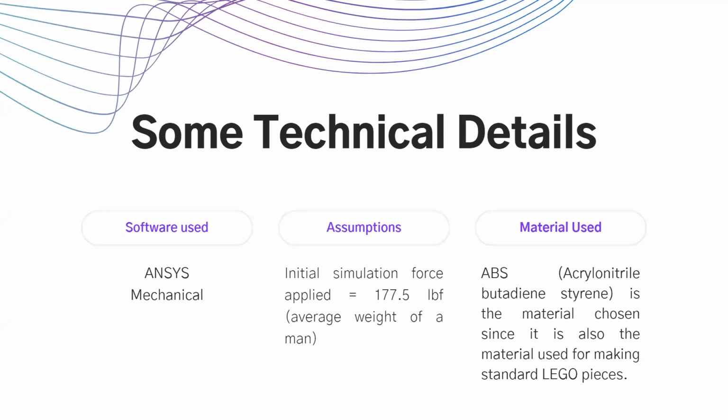Good evening, everyone. So after task one, we have different CAD models for the given WRL files. We analyzed those files using ANSYS Mechanical to get the final stress model. We applied a force of 175 pounds, which is an average human weight, but later on we adjusted it using the limits and the conditions which we are facing.